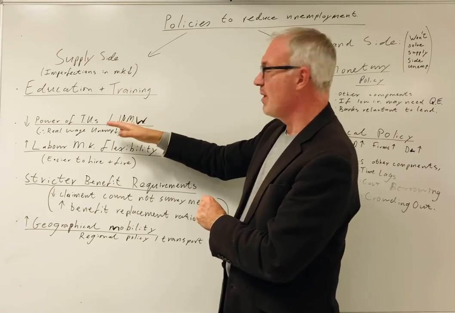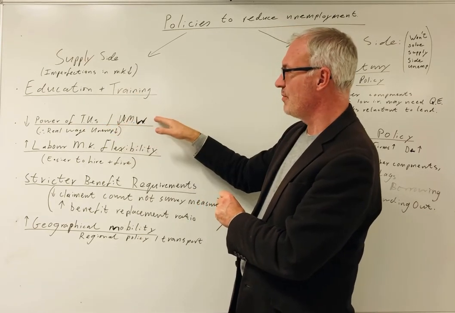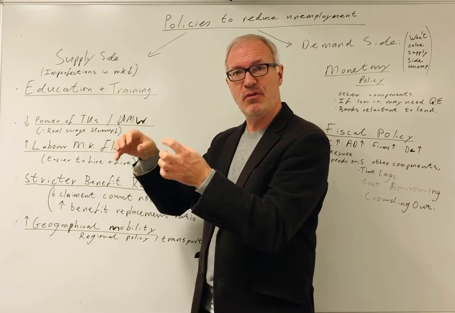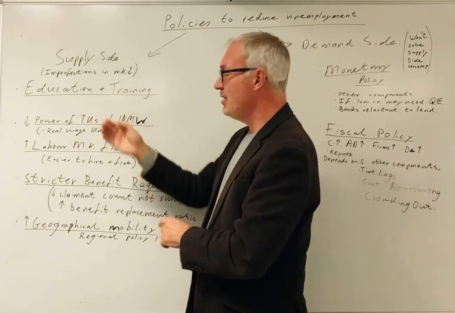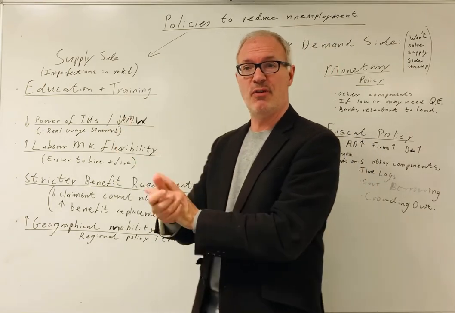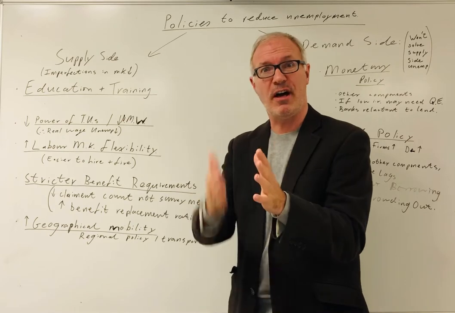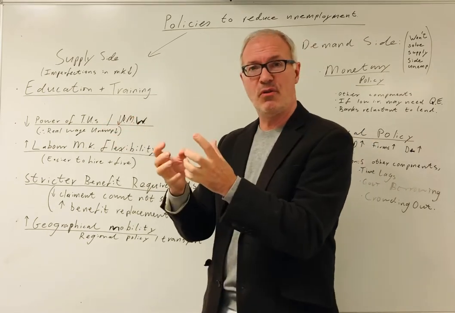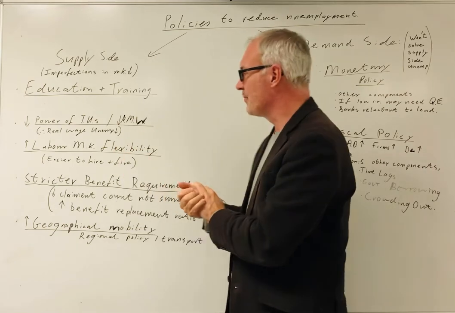Secondly, you could reduce the power of trade unions or reduce the national minimum wage, and this is likely to reduce the level of real wage unemployment. Trade unions tend to be a countervailing force to owners of firms, and they bargain for higher wages and better conditions. So trade unions could be a cause of real wage unemployment.